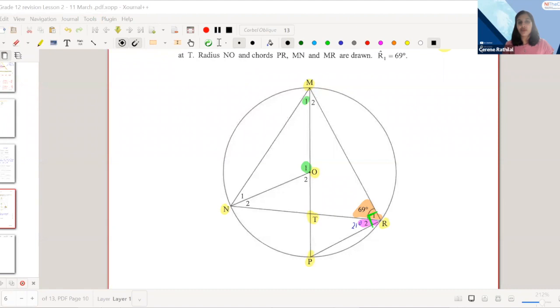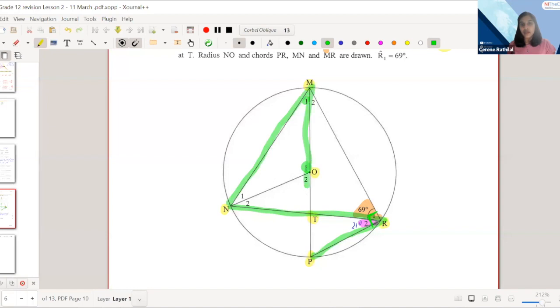Okay, and so we've got a response that M1 equals R2. Wonderful. We see that M1 equals R2 because, as someone else had said earlier, angles in the same segment, and you can see that we have NRP, and we have NMP.